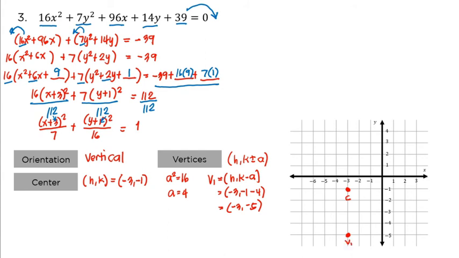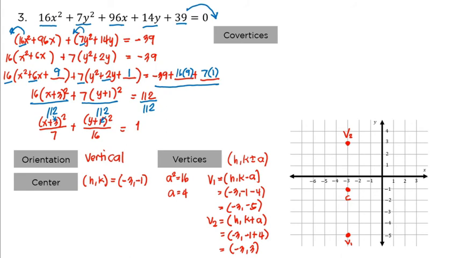So this is V1. Okay? For the second vertex naman, you have the formula h k plus a. So we have negative 3, negative 1 plus 4, and that will be negative 3 and 3, right? So the second vertex is located here. That is V2.